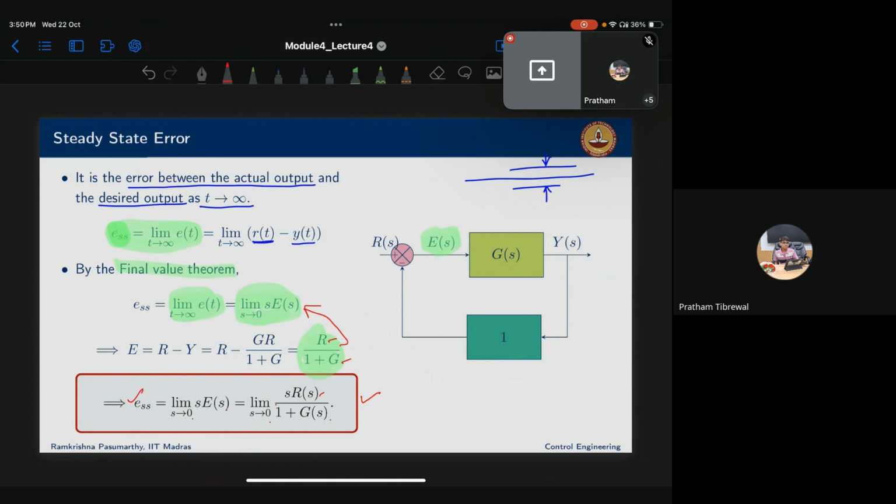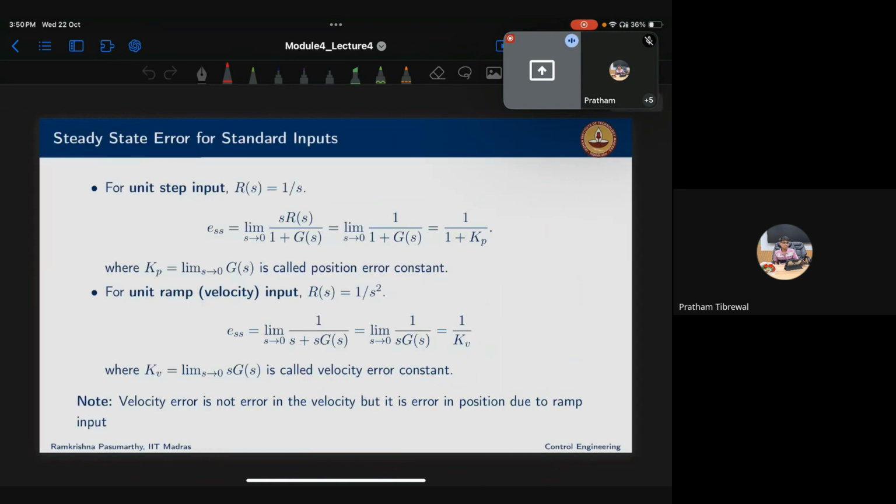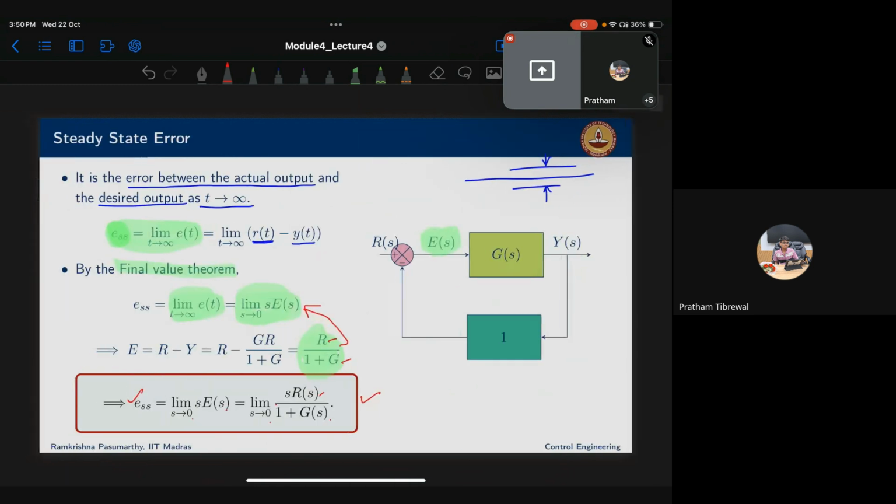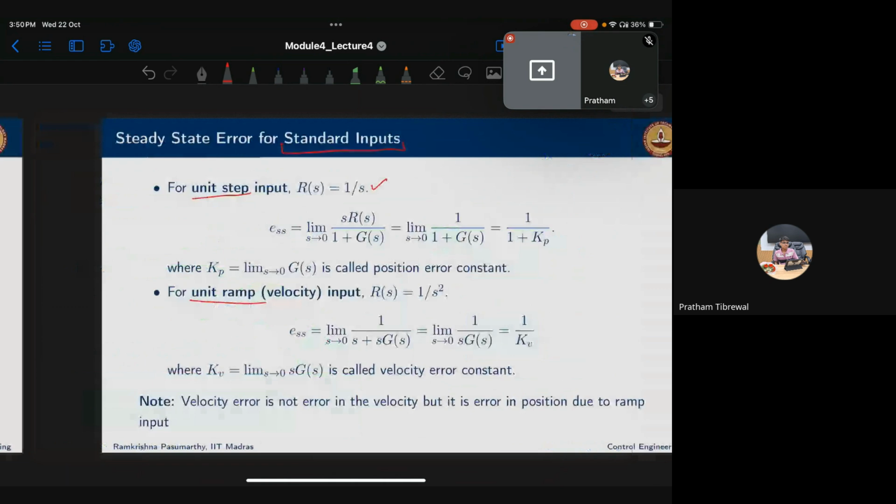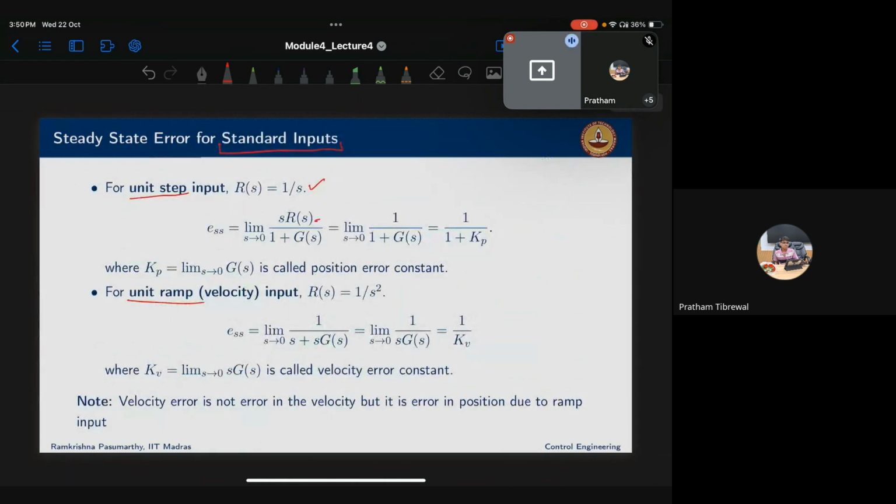Now let us see for different systems, for the standard input signals: unit step, ramp inputs. For unit step, we have R of s as 1 by s. Substitute here, so that 1 by s and this s get cancelled, and R of s is gone.